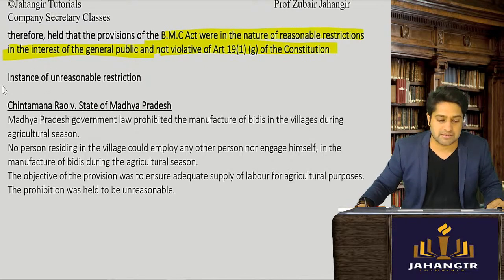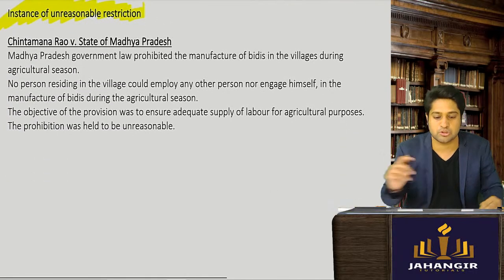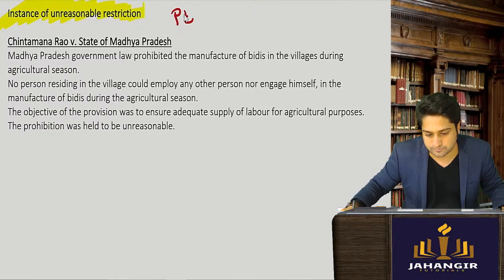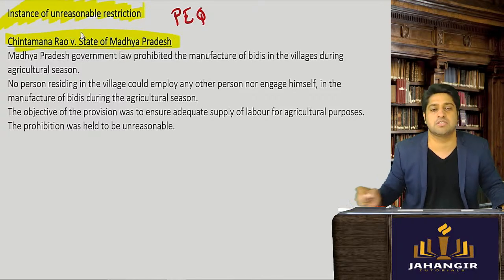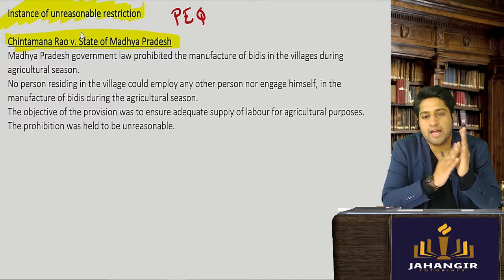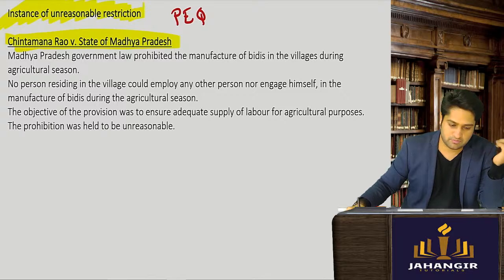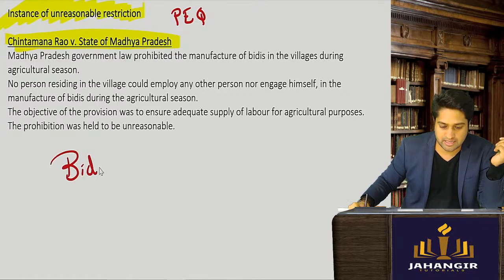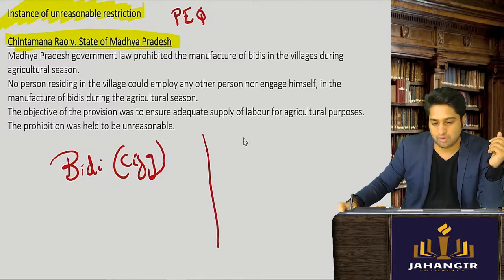Now we are going to see instances of unreasonable restriction, something which was not fair. This is also a past exam question. I'll tell you the case, a very famous case: Chintamani Rao versus State of Madhya Pradesh. What happened during the agricultural season? Very simply, there was BD, that is cigarette, making, and there was agricultural business.